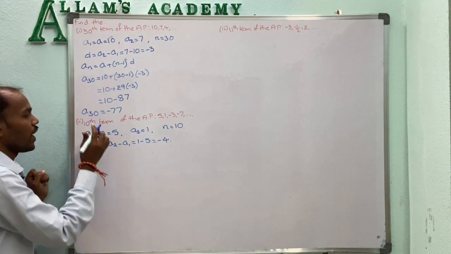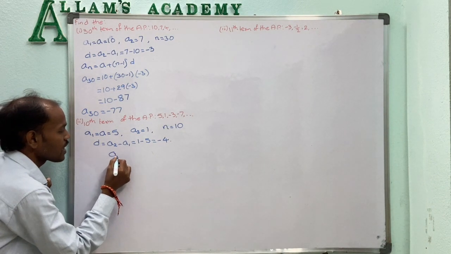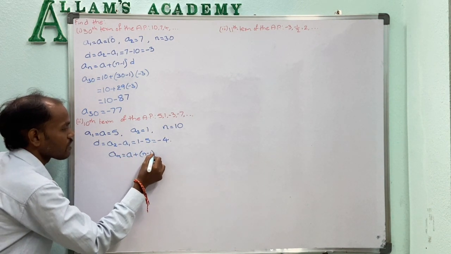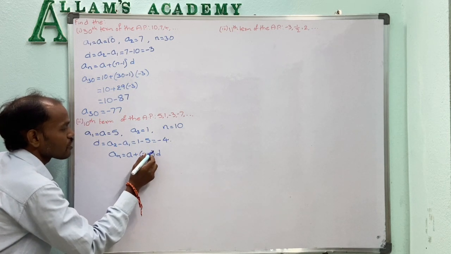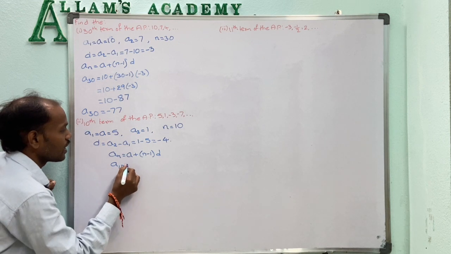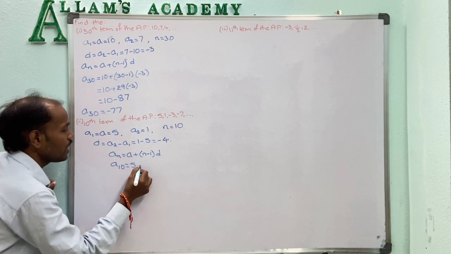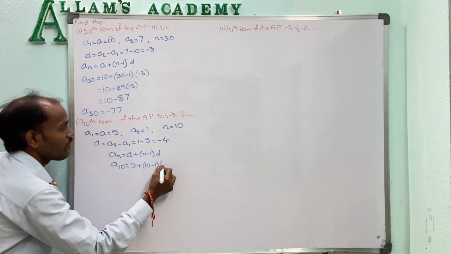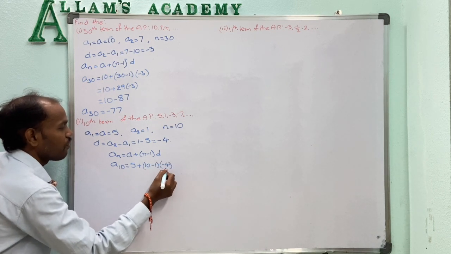Now we want to find the 10th term. The general form is an equals a plus (n minus 1) into d. Here n is 10. So a10 equals 5 plus (10 minus 1) into the d value, minus 4.